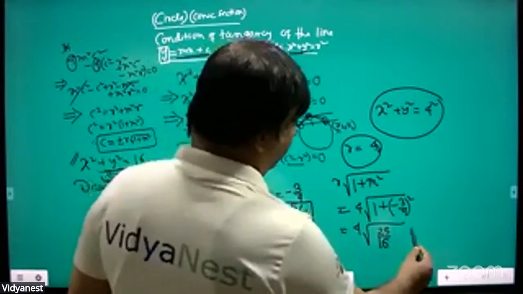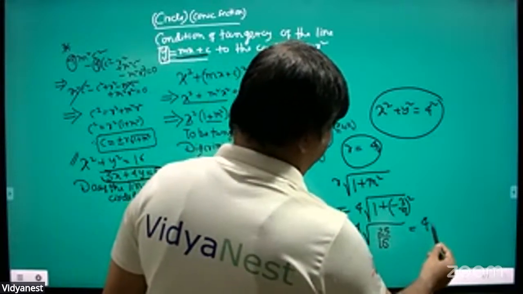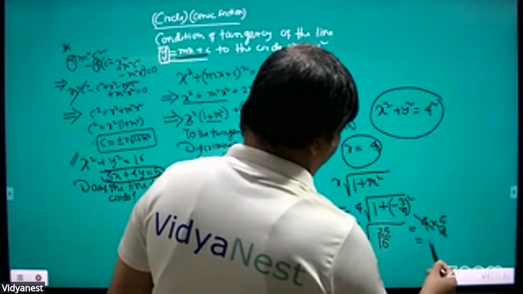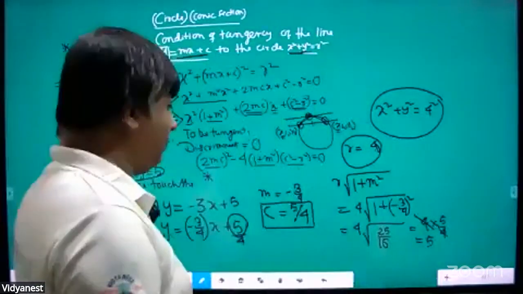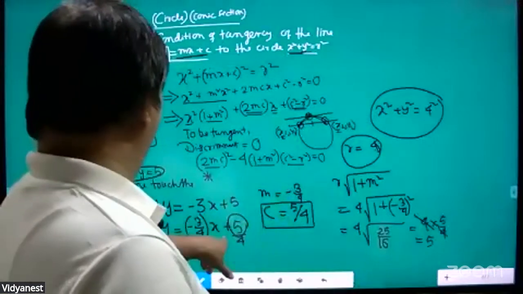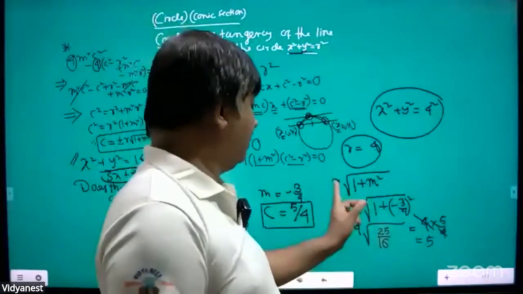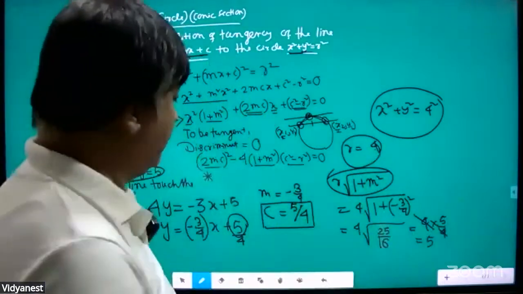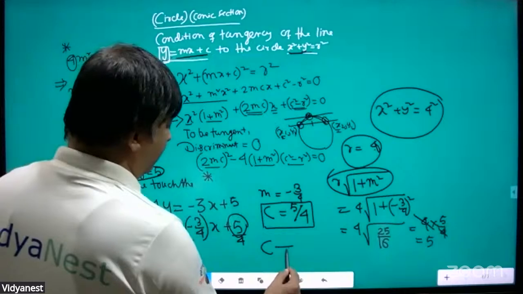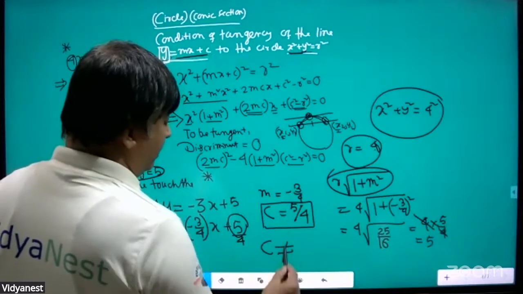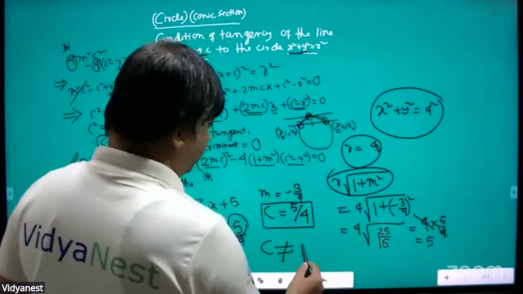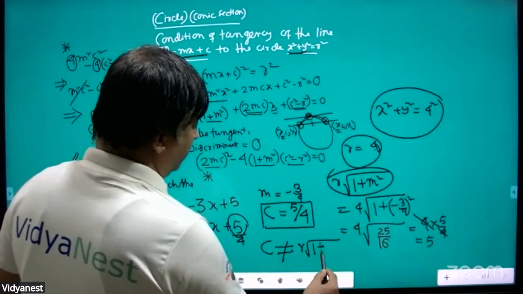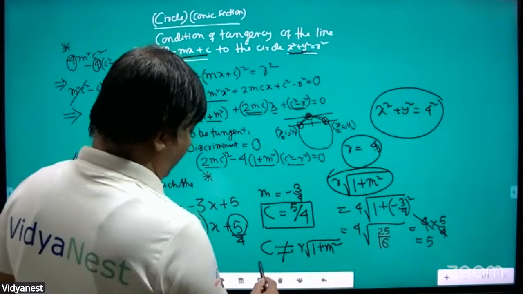Now 4 into 5/4. Cancel. So what we have observed, C's value is 5/4, but this expression's value is 5. So here C is not equal to R root 1 plus m square.